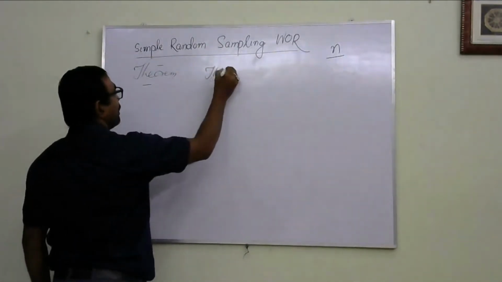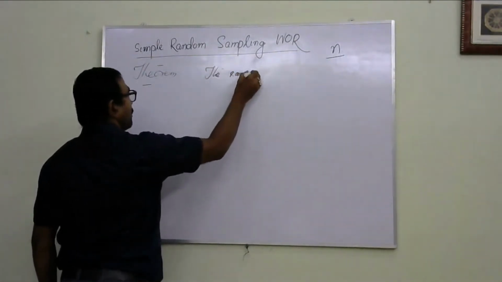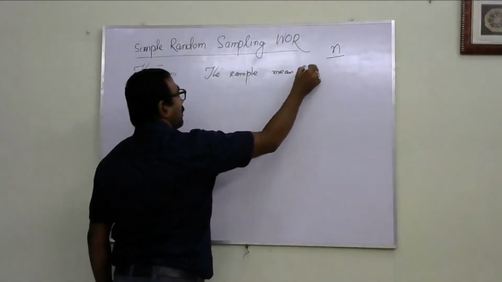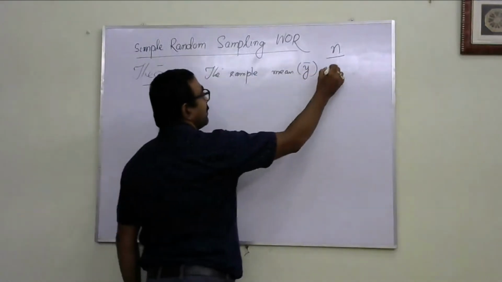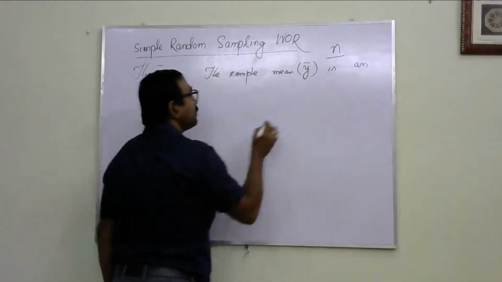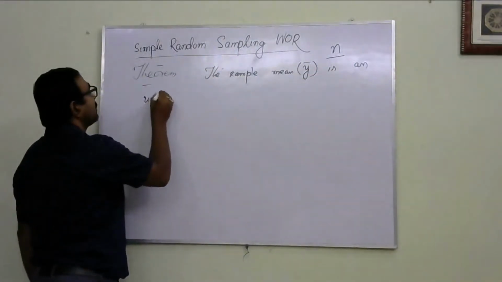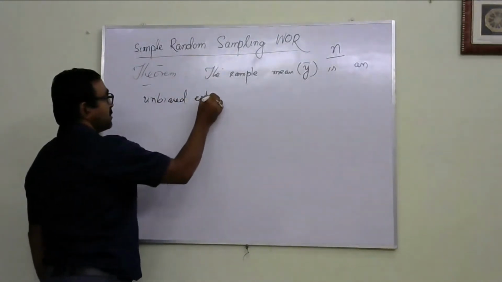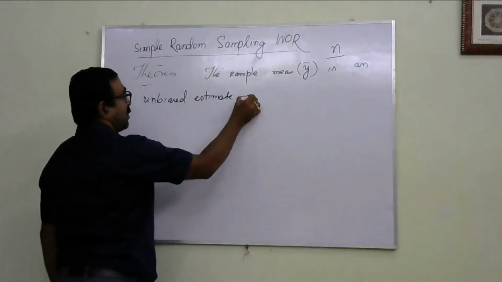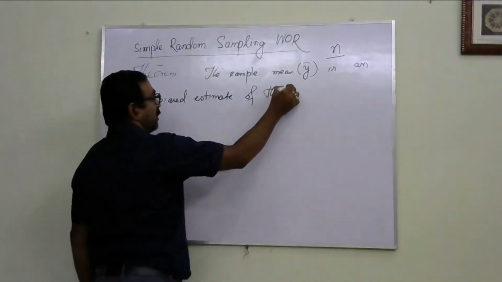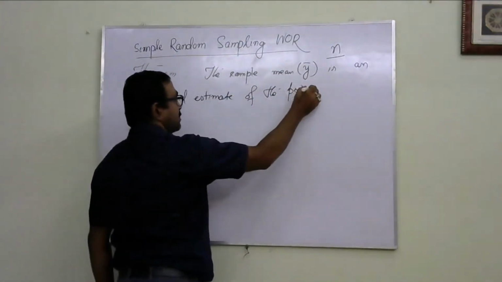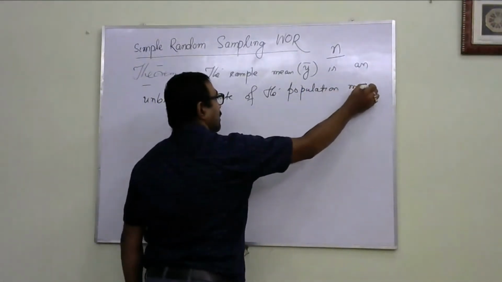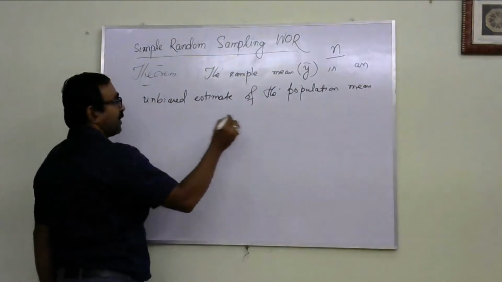The sample mean small y bar is an unbiased estimate of the population mean capital Y bar.